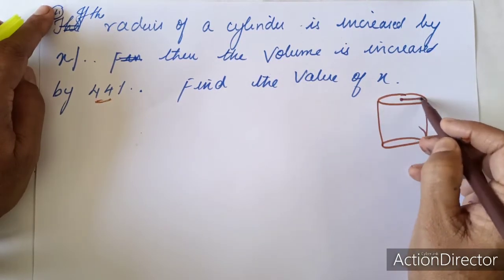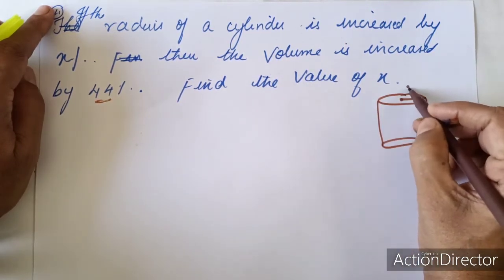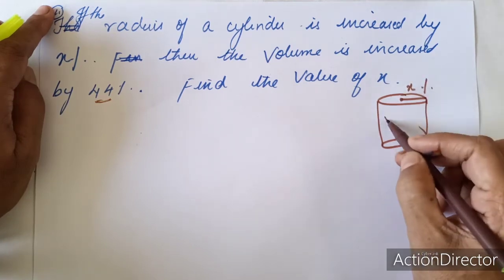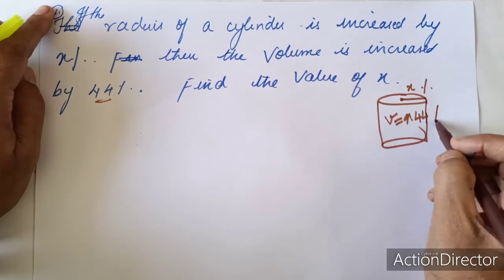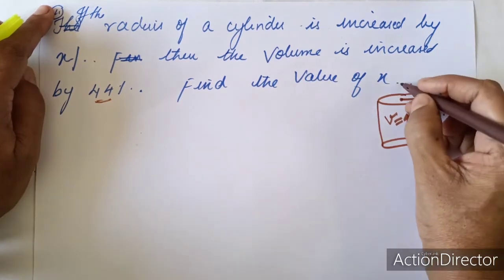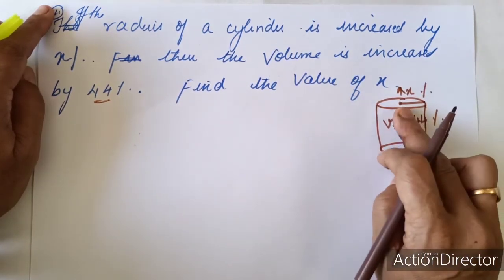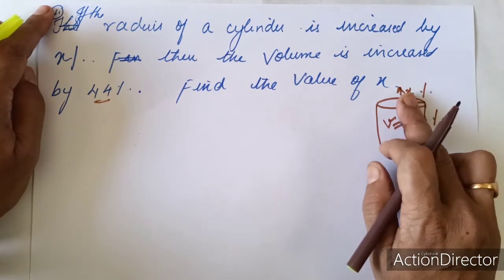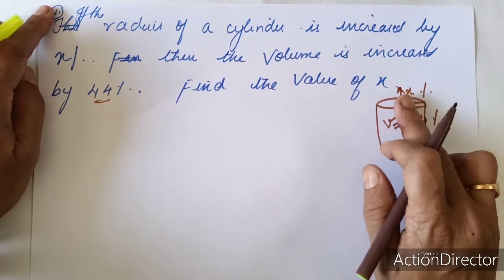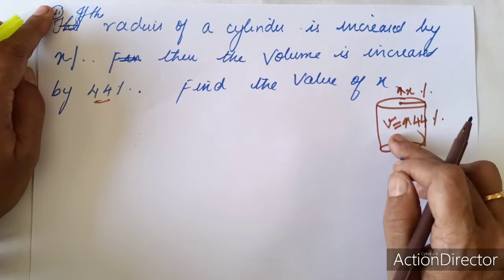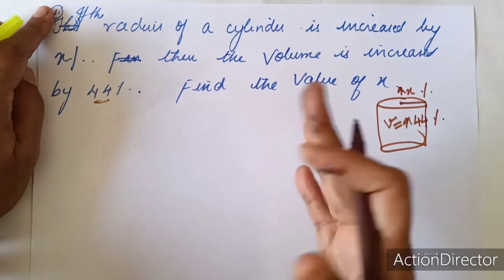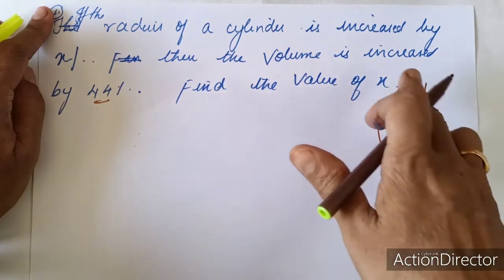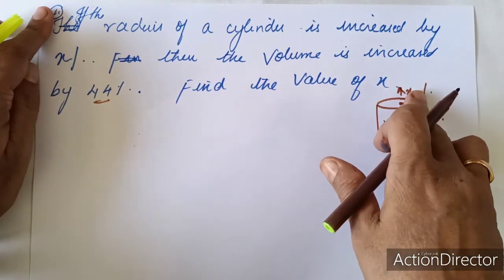And here the radius increase is not given, it is x%, but you know the volume increased percentage is equal to 44%. When the radius is increased by x%, the volume is increased by 44%. This is a reverse question. Here the increased volume is given, you are asked to find the increased radius.